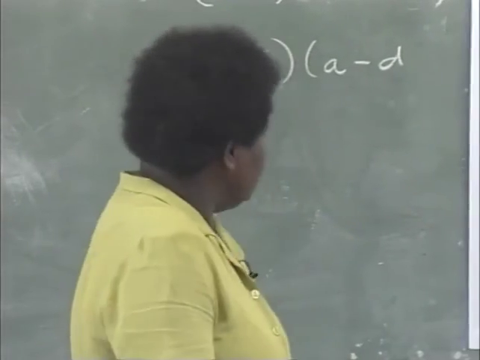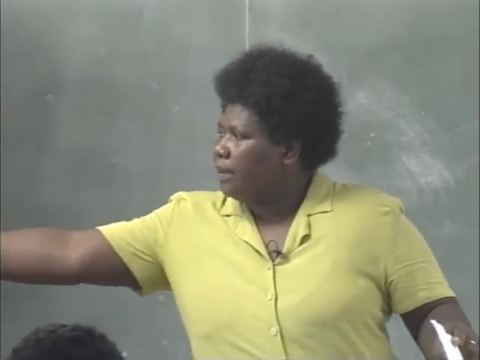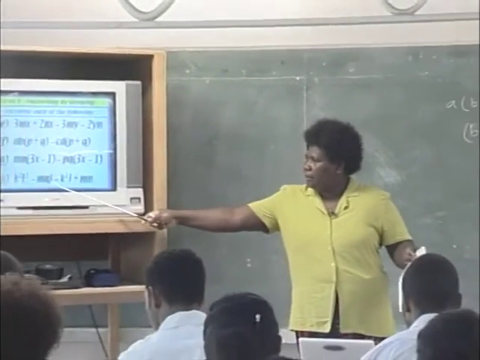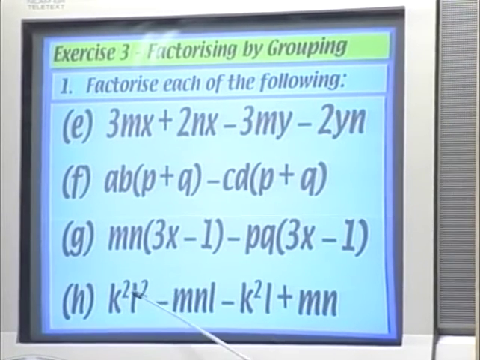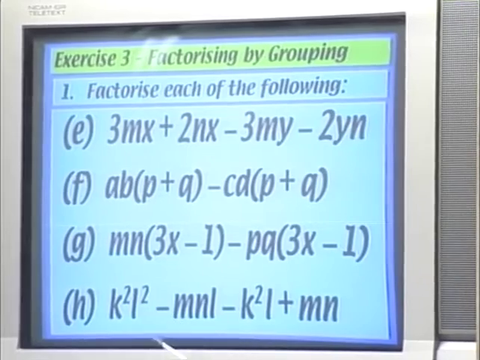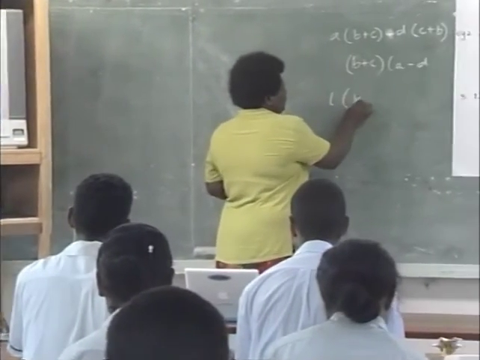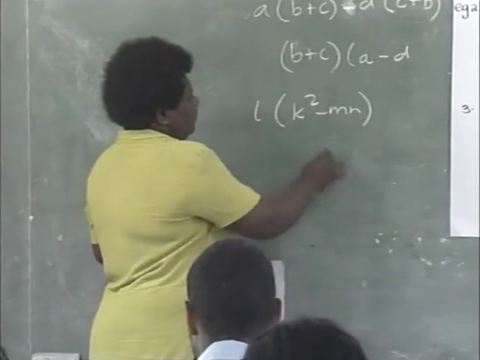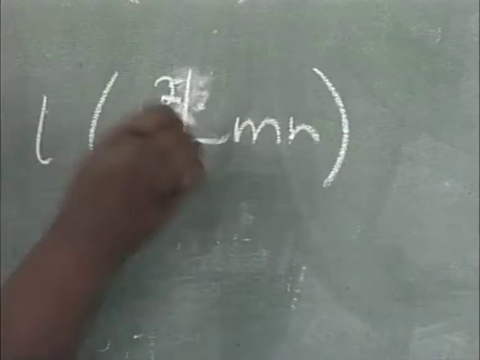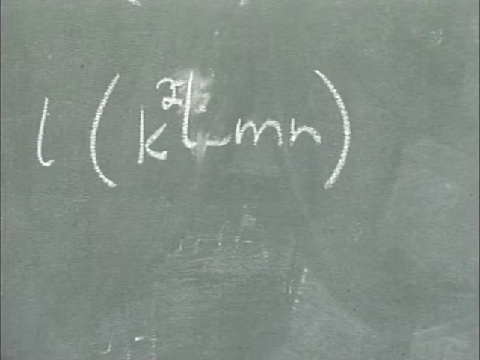Letter H. Okay. If I group this like this, k squared L squared and mn L have a common factor of L. So L times, I'm left with k squared L minus mn, because it's k squared L squared and minus mn.